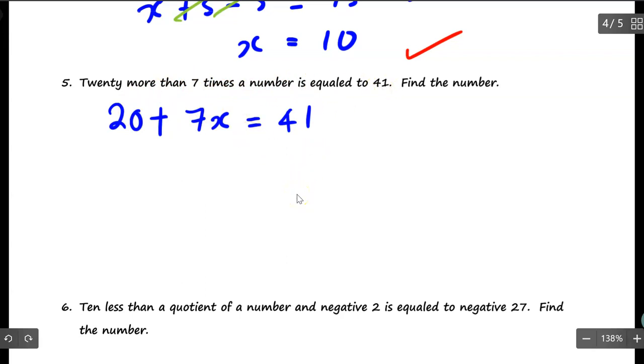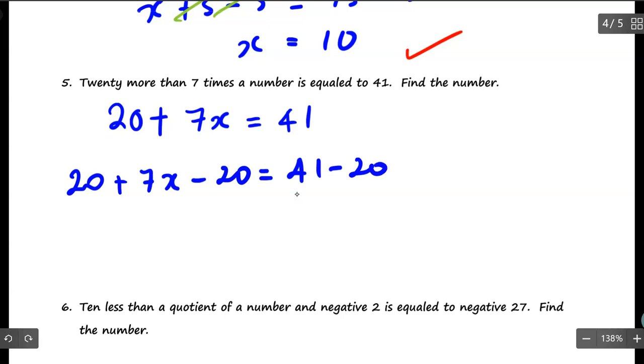And then I can go ahead and solve for this. I just want to rewrite it to be consistent with my color.